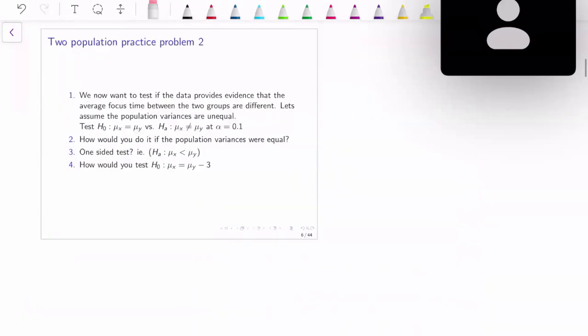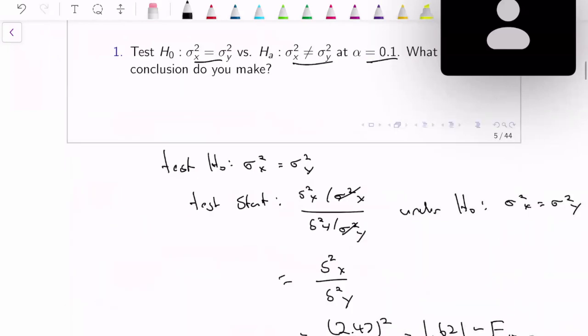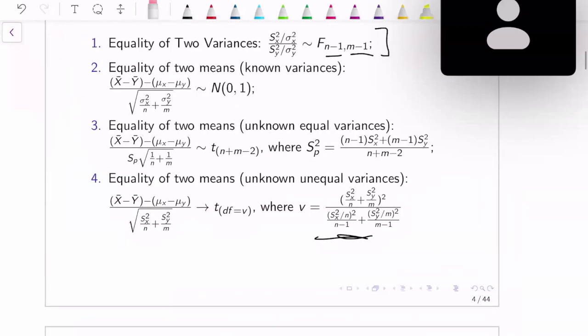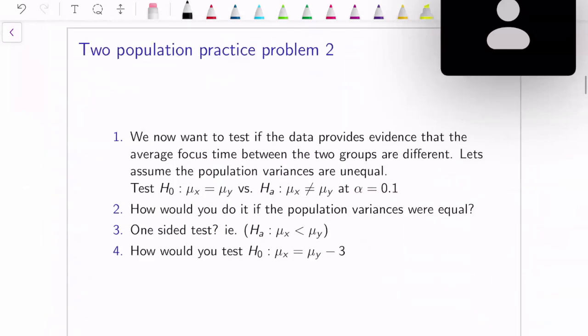All right, I'll go over this now. So now we're trying to do a test for the equality of the means. So we need to choose the correct formula out of the three. So in the problem, it said the variances are unequal.